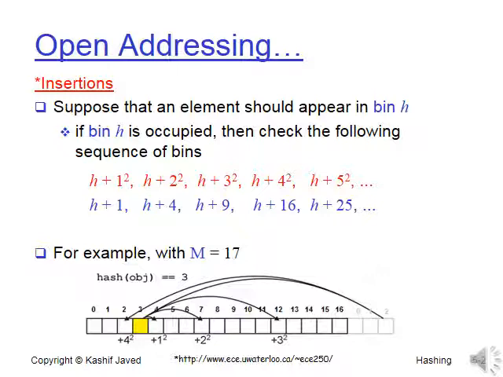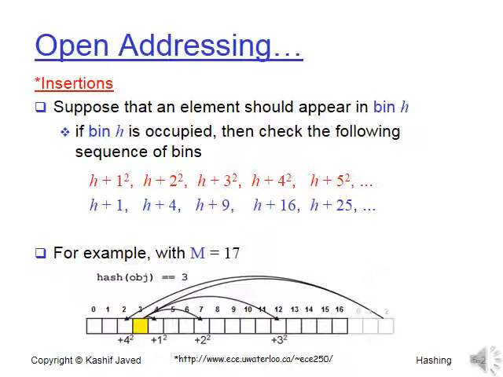If bin 7 is already taken, then your sequence to check will be 3 plus 9, which equals 12. If bin 12 is already taken as well, then you check the next sequence, which will be 3 plus 16, which equals 19. Now the hash table size is 17, and we need to insert in bin 19.